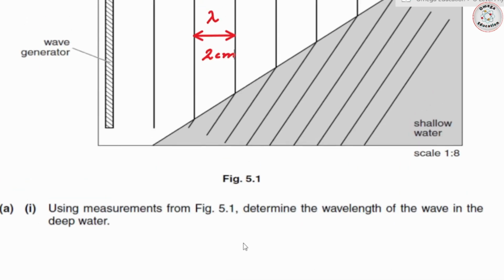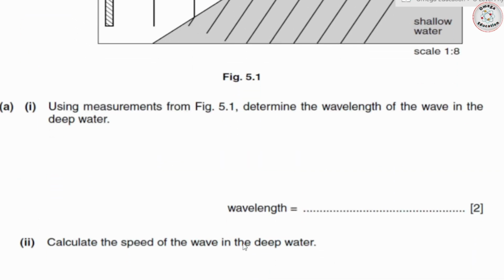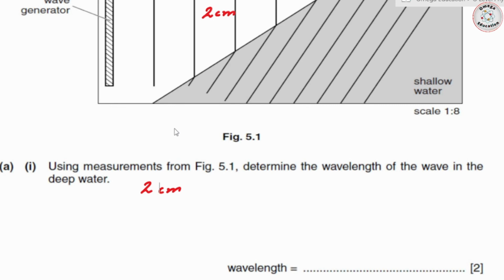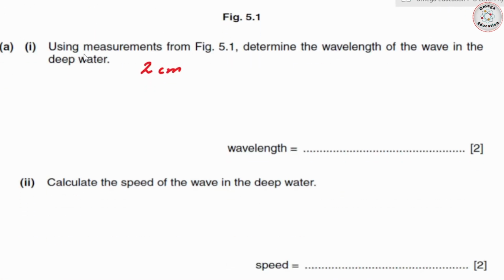So this 2 centimeter is the wavelength on the sheet of paper. According to the scale, 1 centimeter on the sheet of paper represents 8 centimeter in the ripple tank. So 2 centimeter on the sheet of paper would represent 2 times 8 centimeter on the ripple tank, so 16 centimeter.